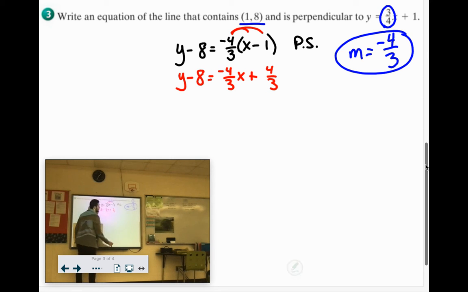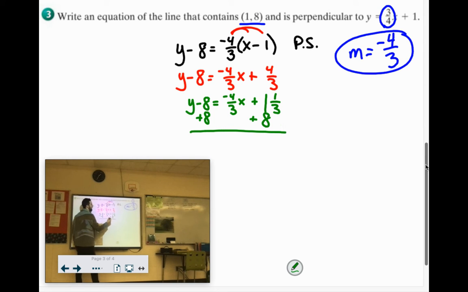If you want, you can certainly turn this 4/3 into a mixed number. You can make it 1 and 1/3. And then you can just add 8. 1 and 1/3 plus 8 would be 9 and 1/3.